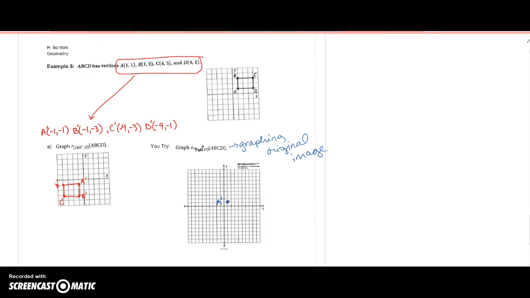So A prime is at 1, 1, B prime is at 1, 3, C prime is at 4, 3, and D prime is at 4, 1. We're graphing the same points, we're just calling it something new.